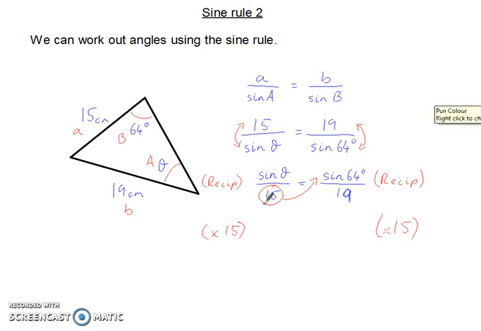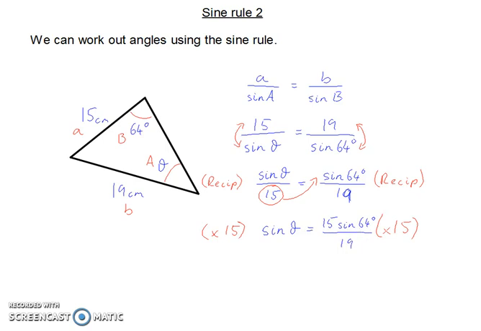So on the left hand side, this 15 disappears, so we're left with sine theta equals 15 appears in front of the other sine 64, 15 sine 64 degrees over 19.